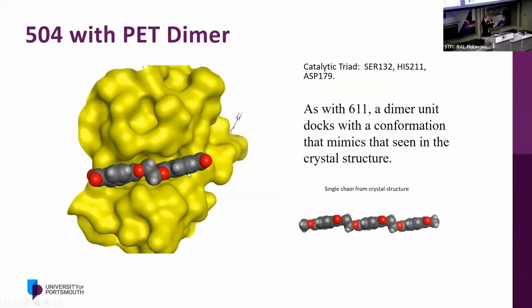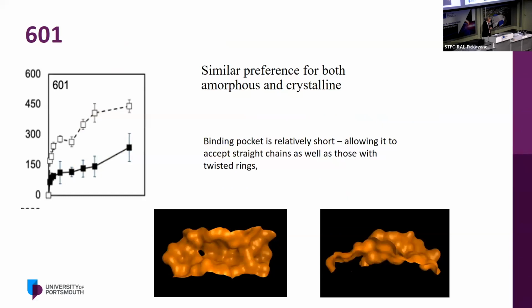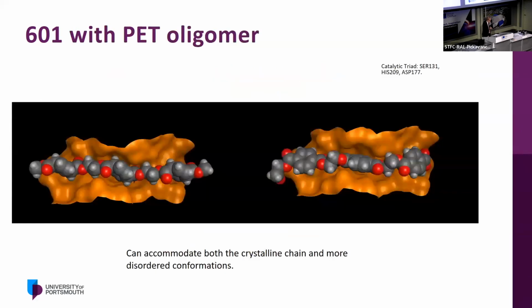Or more than that, if it's trying to dock in there as an amorphous polymer with rings at different angles, it is much less likely to dock in than if it is in that straight, crystalline sort of orientation. Okay, and an example there of 601. 601 is quite nice because it's good at breaking down both of them.